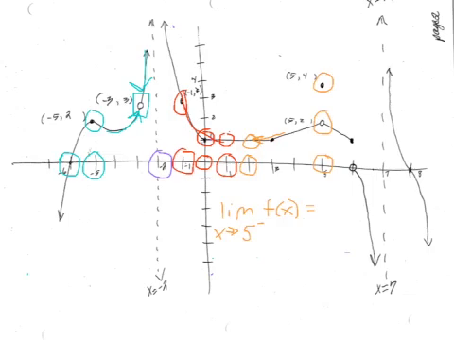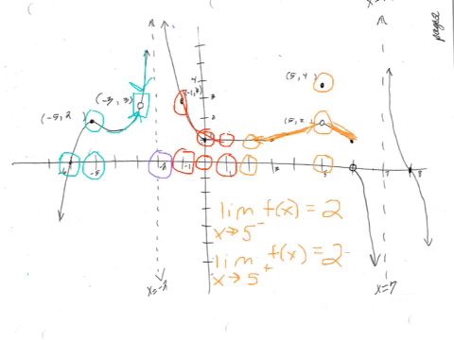If we want to approach 5 from the negative side, we need to follow the graph in from the negative side, and as we come in, our graph is definitely approaching that hole, which has a y value of 2. So our limit would be 2. Now if we approach 5 from the positive side, we're coming in this way, and our graph is still tending towards the y value of 2. So that would be the limit.